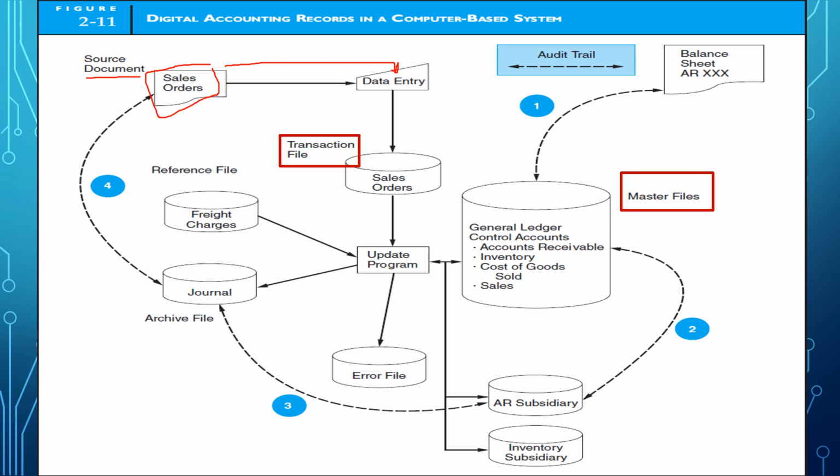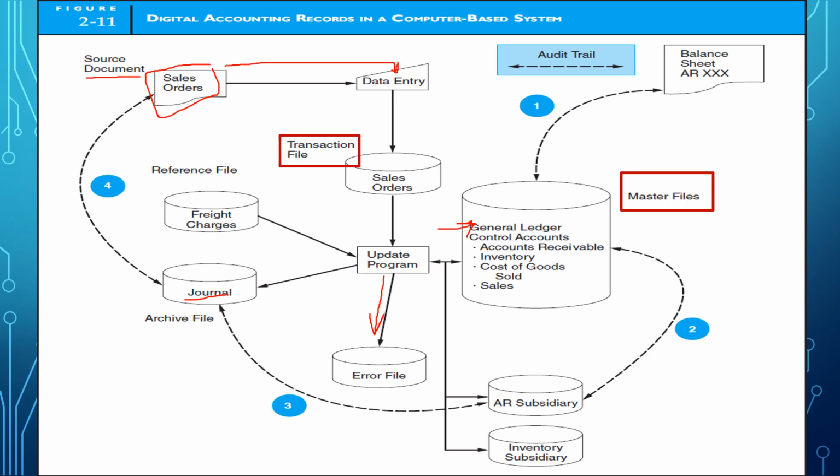It will update first the journal, it will update the general ledger, and also it will update the errors file if, let's say, you have a transaction that is wrong and so on. Also it will bring in the update program.